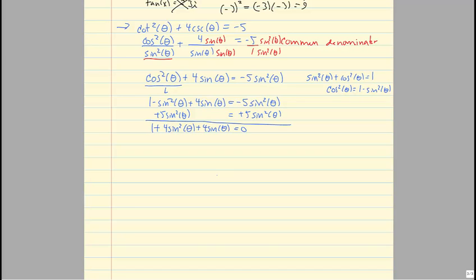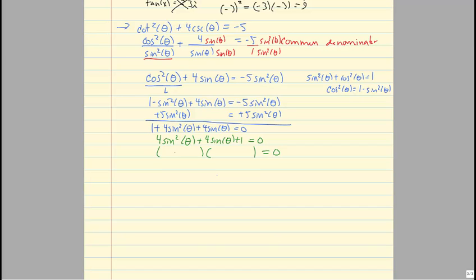Now this is looking good because I have 0 on the right hand side now, and on the left hand side I have everything that I can in terms of sine. So let's go ahead and rewrite 4 sine squared theta plus 4 sine of theta, and I'm going to put this plus 1 equals 0. Now the reason I rewrote that with the plus 1 at the end is because then it looks like a nice little trinomial that I should be able to factor.